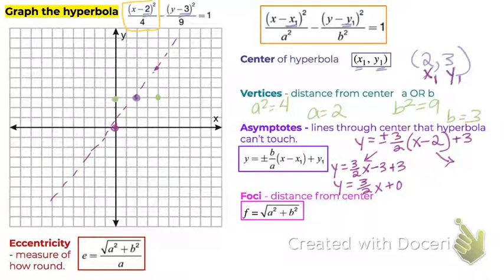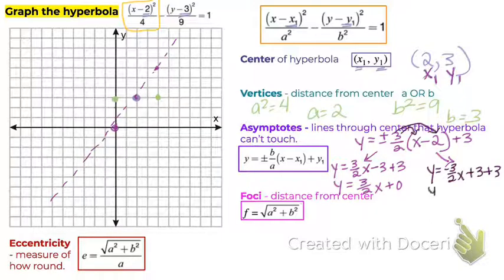Now let's do the other one. So this one, I'm going to do -3/2, so -3/2 x. And then when I multiply that, I get a positive 3, and then another plus 3. So I just distributed the negative 3/2 to the x and the negative 2.